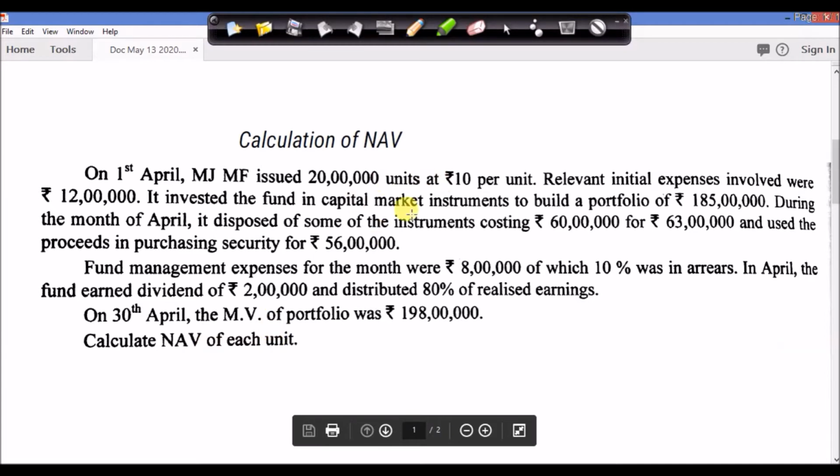So now we are going to calculate NAV of one unit. If you would have noticed, there are many transactions in which there is a movement of cash and the closing cash balance is missing.